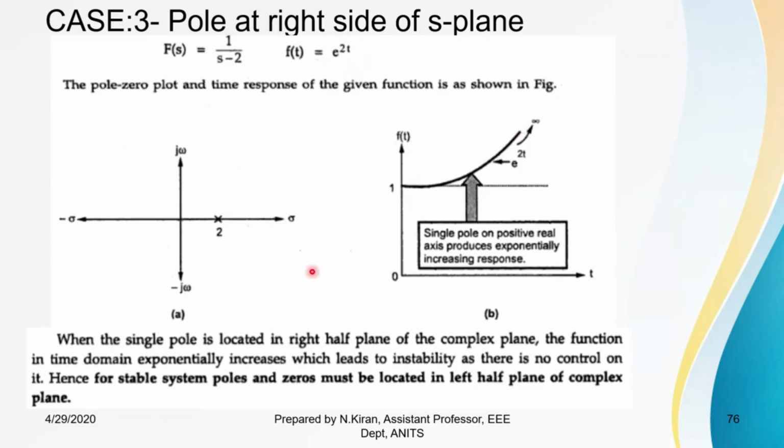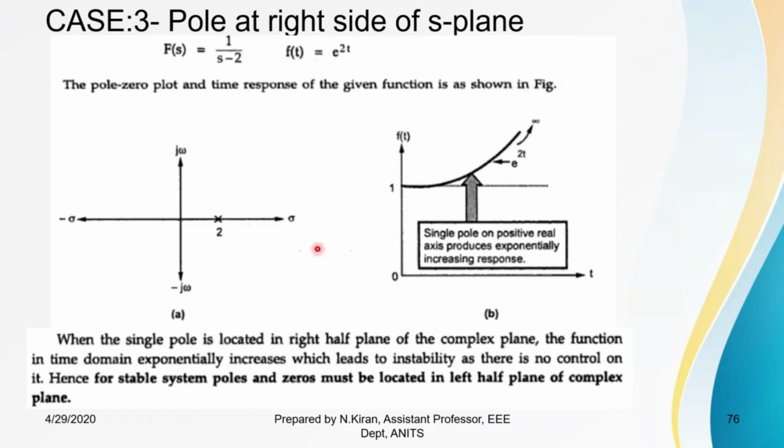So we can conclude that if a single pole is located on the right hand side of the s-plane, in time domain its value will be exponentially increasing. This value will go on increasing until it leads to instability. Therefore, in this case there is no control over the exponential function.